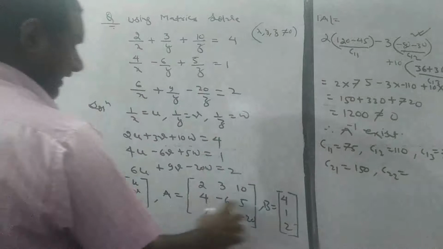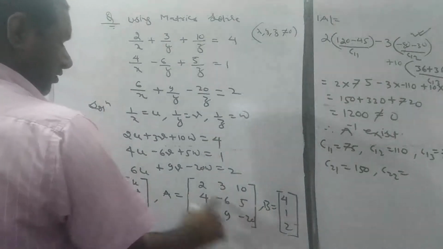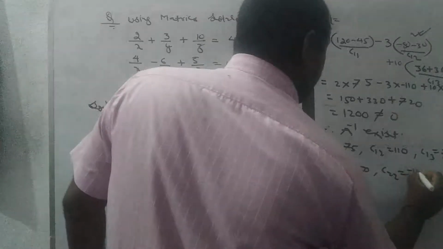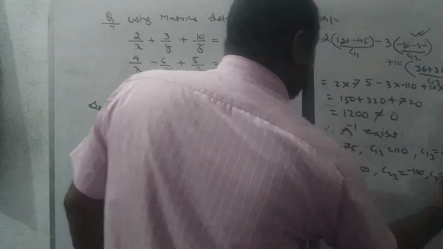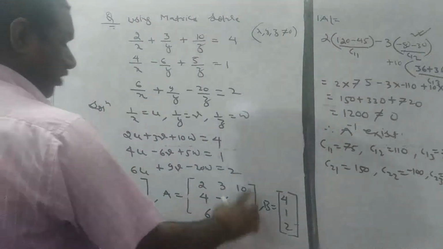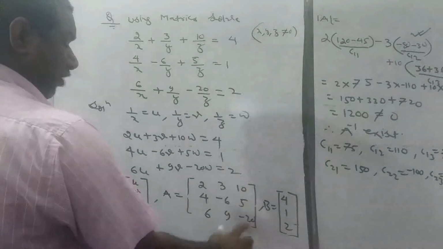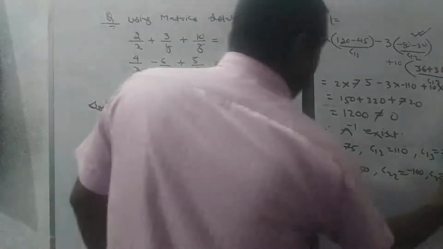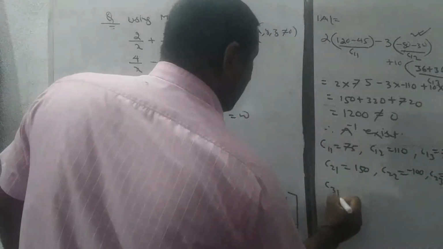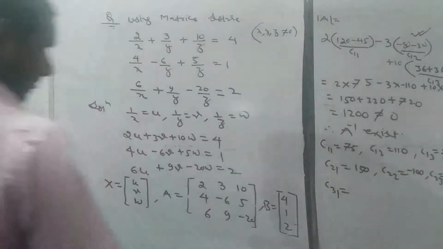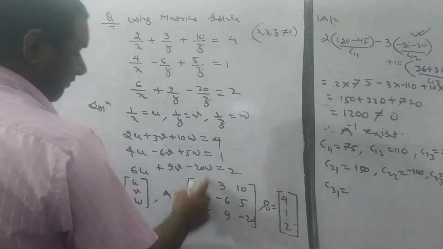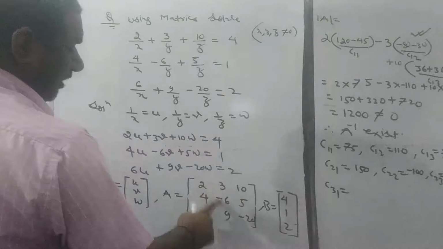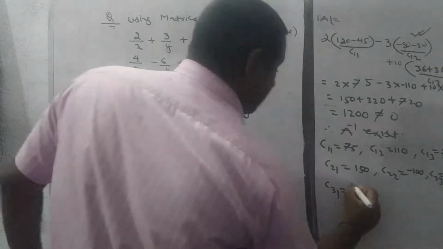C22, delete second row, second column: minus 40, minus 60, minus 100. C23, deleting second row, third column: 9 2s are 18, minus 18, it is 0. C31, deleting third row and first column: 5 3s are 15 plus 60, it is 75.